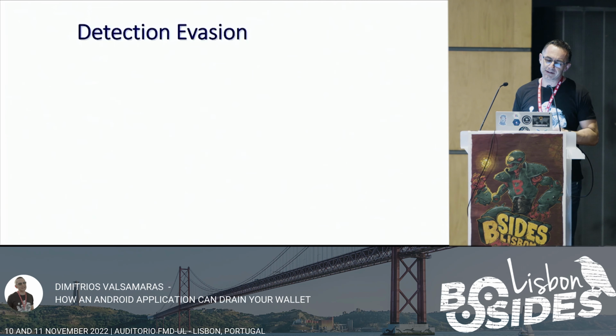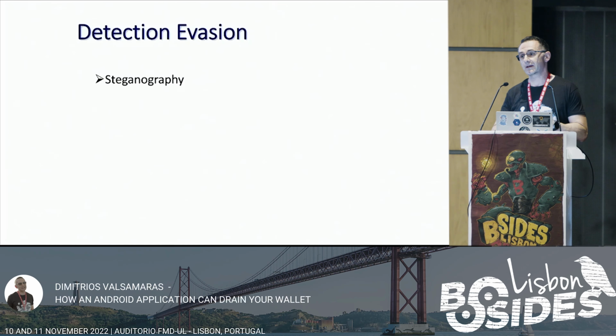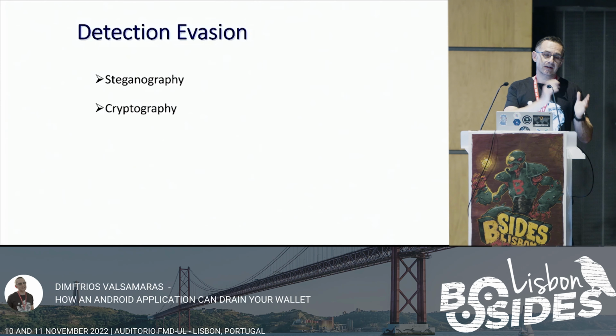It's very difficult to detect because it uses steganography. The payloads are hidden in seemingly benign files, for example PNG files, JPEG files, in the assets folder, or, I mean, the APK is huge, so you can hide it anywhere. Cryptography, with different keys from one sample to the other.